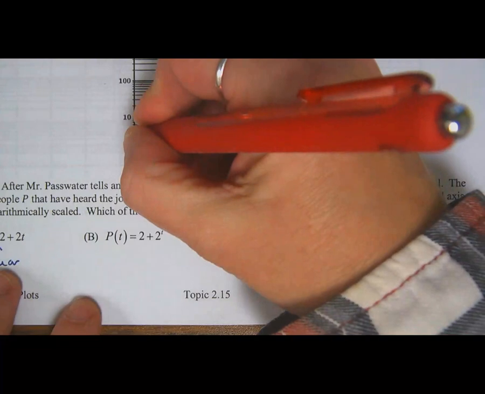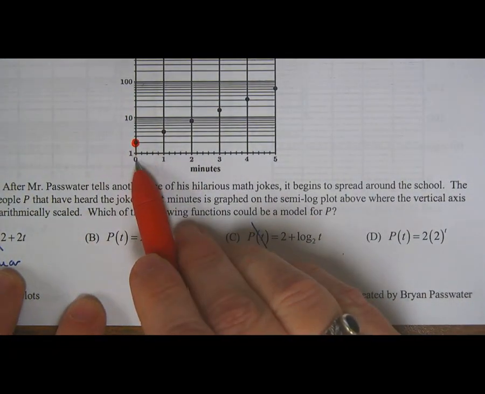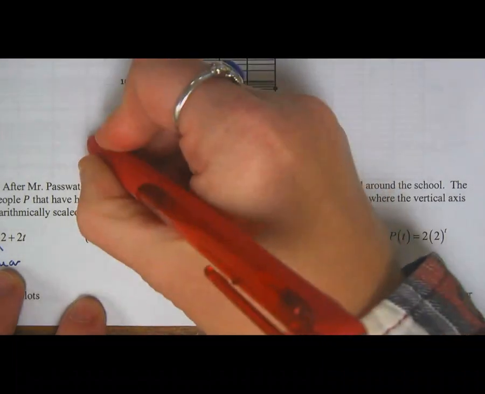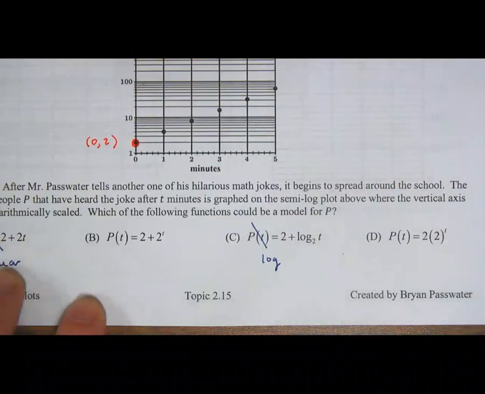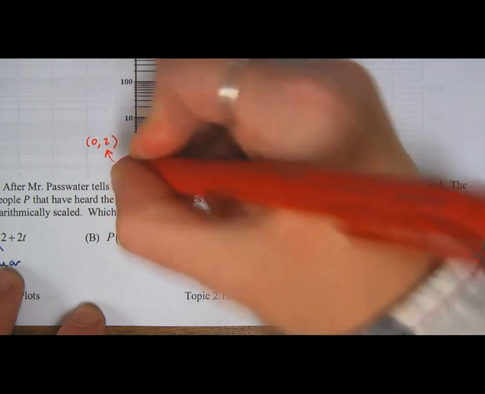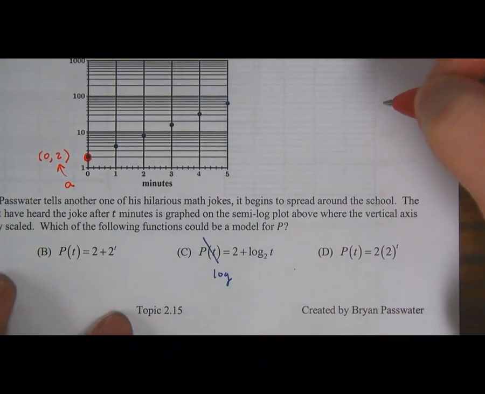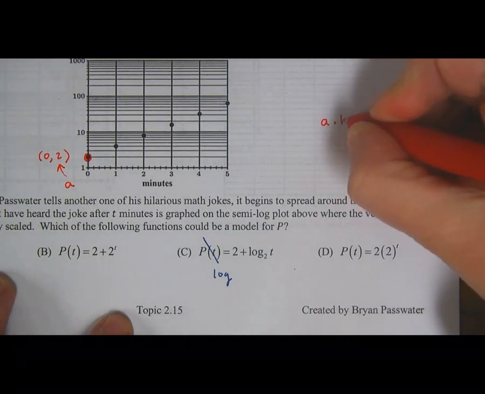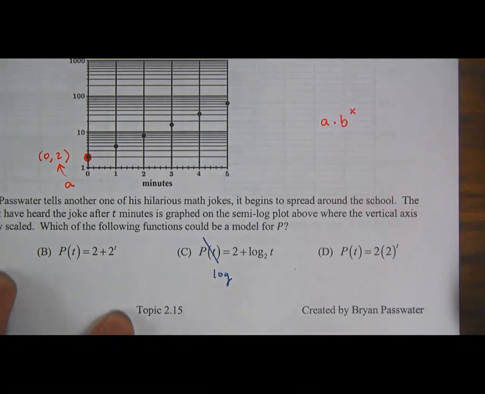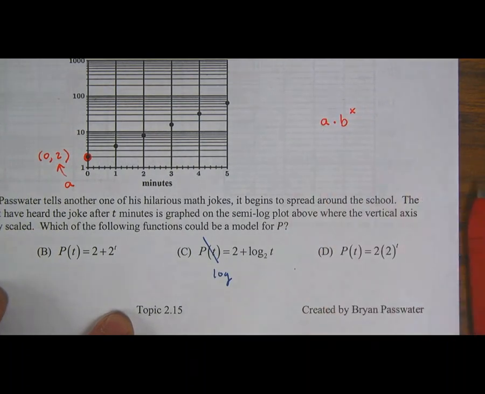Look at this ordered pair right here. The ordered pair for that point is (0, 2). That tells you that the starting value is 2. That's our a value. If you'll remember, when we write exponential functions, it's a times b to the power of x, so the starting value is a. a is 2.